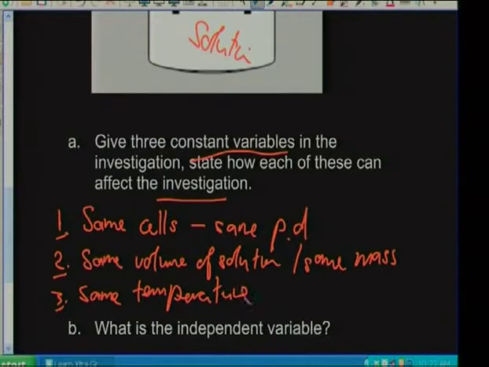We'd get different space for the ions to move in. So we need to keep that the same. The third thing that I think is a really important one that is not obvious, we must keep it at the same temperature. You know that if we change the temperature, we're changing the kinetic energy of the molecules. So keeping the temperature of these solutions the same is really important.